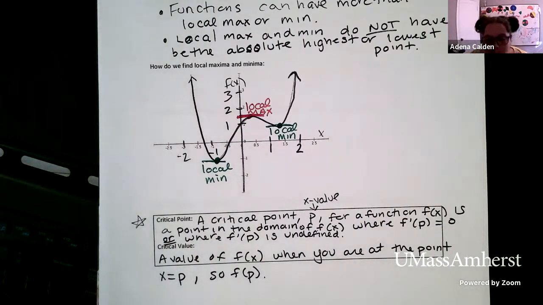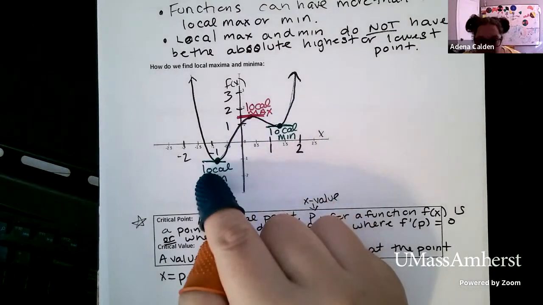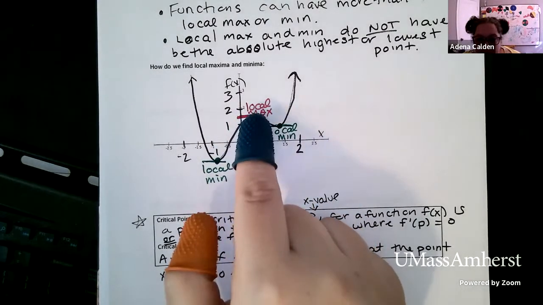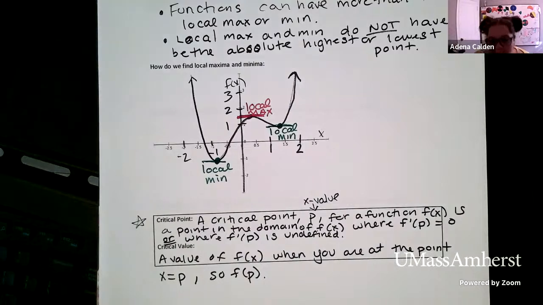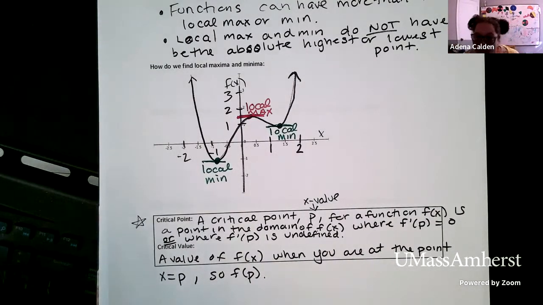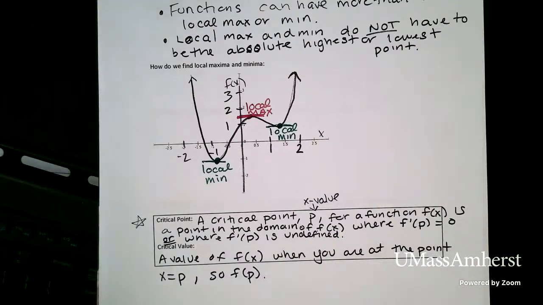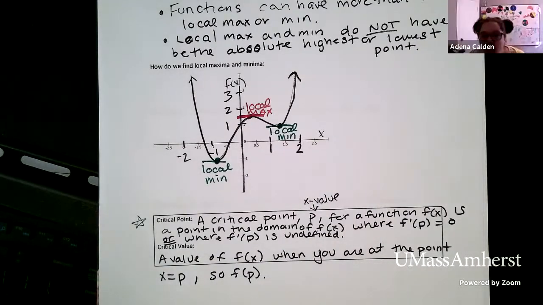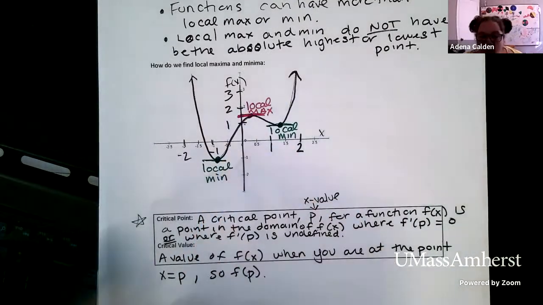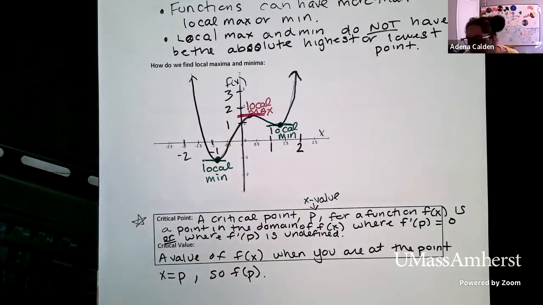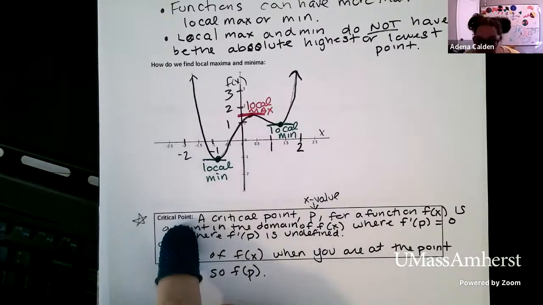Okay, so critical points are a way for us to find all the places where we have horizontal tangent lines. So this is going to help us identify where we would have local maxes and mins. We won't know yet if they are local maxes or local mins until we do other work. But for today, we want to find all the places where these horizontal tangent lines exist. And so those places, those are called critical points.